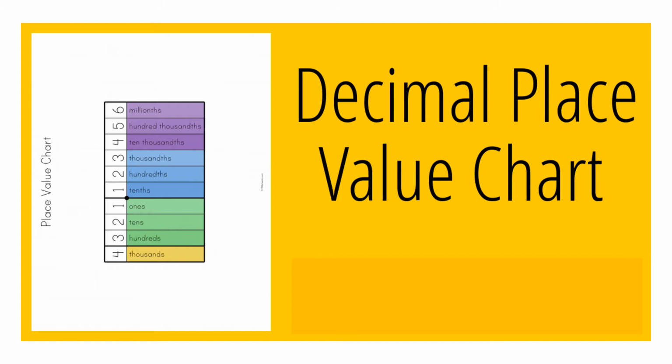The first place goes to the tenths. After the decimal, the first place is tenths, then hundredths, thousandths, ten-thousandths, and so on. The decimal point is shown with a small dot.